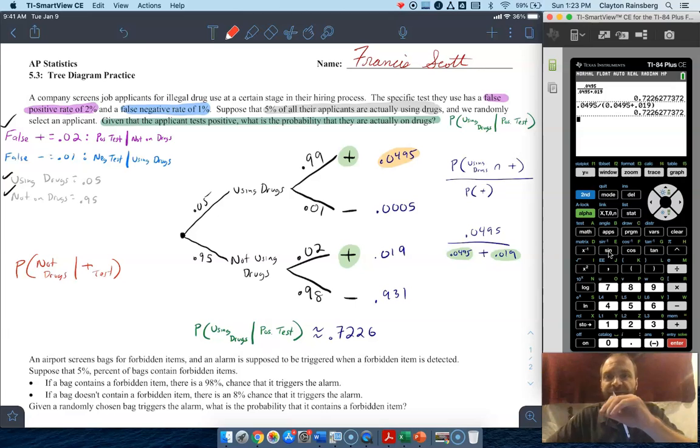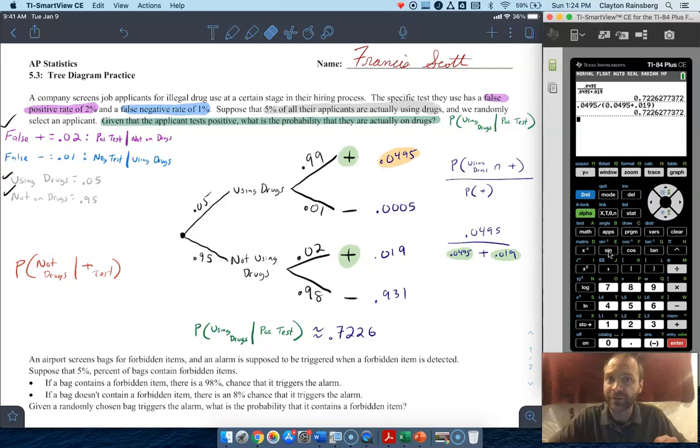This person was applying for the job. They go and take a drug screening. This person is not using drugs, but the test comes back positive. So given that the test comes back positive, what percent of those people were not using drugs?